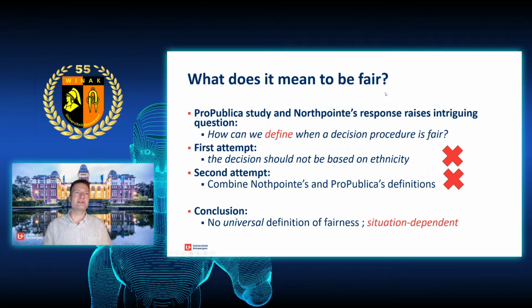So in conclusion, and that is basically the conclusion that I want to give in my talk, if you look at these problems, there is no universal definition of fairness, unfortunately. It's situation dependent, and it's also a policy decision that you need to make.